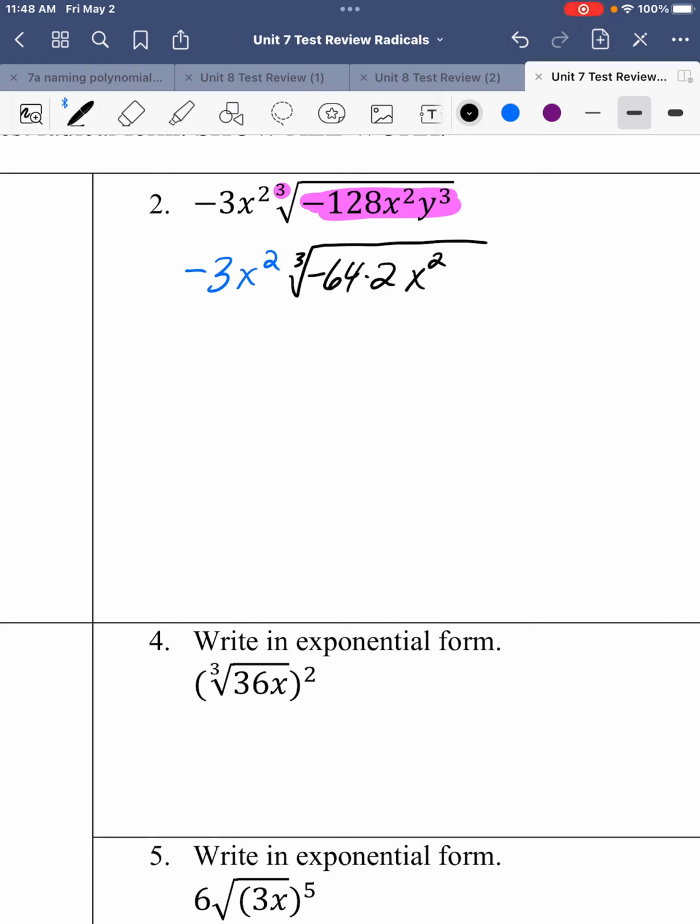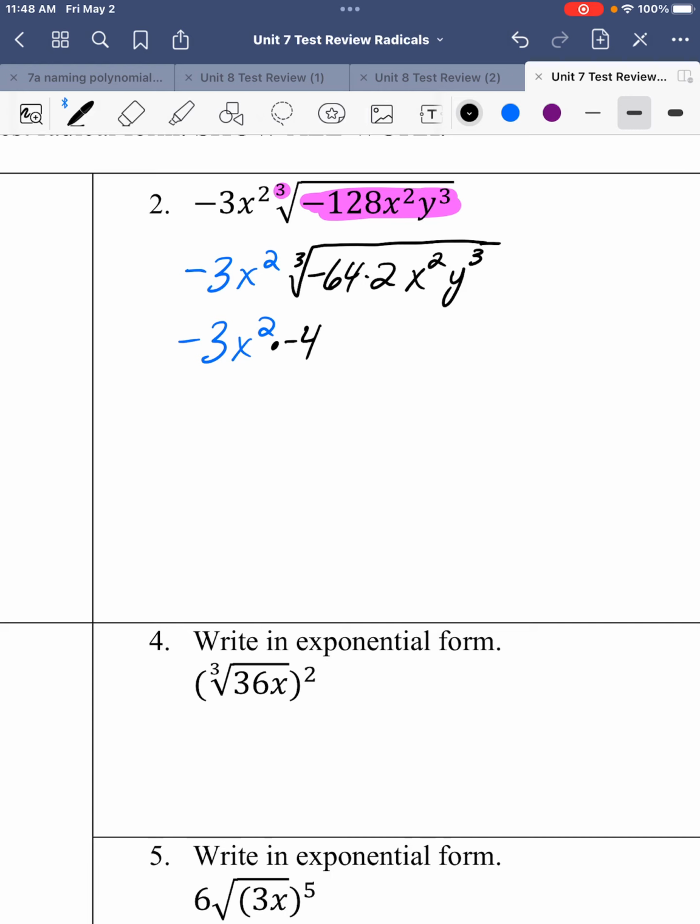The x squared cannot come out, but the y cubed will, because that's a group of 3. If the negative messes you up, if it's a cube root and there's a negative underneath, that will always just come out in front. You can multiply by -1, and that'll always work. So on the outside we have the -3x squared already, and the cube root of -64 is -4, so we get times -4.